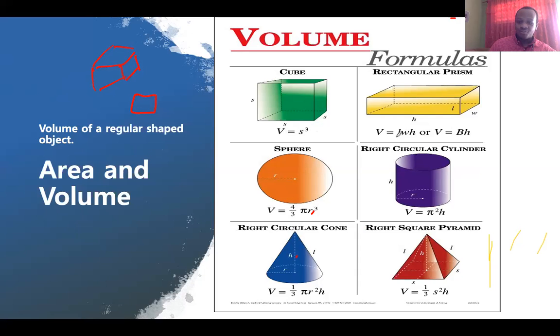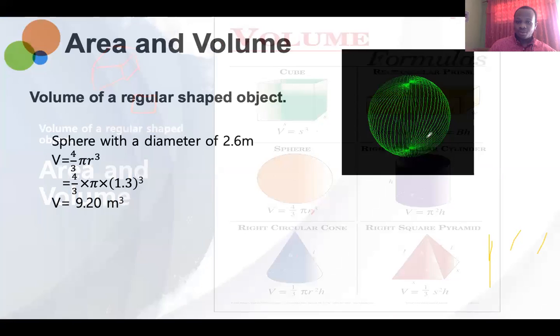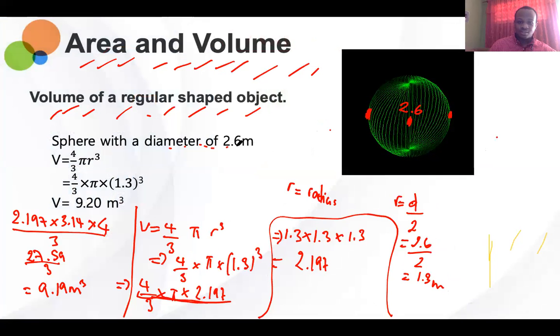We have a formula for these, and we just took one specific shape and found the volume. We had this shape here with a diameter of 2.6 and we were able to find the volume of that.